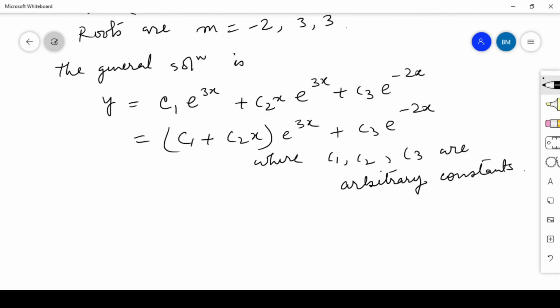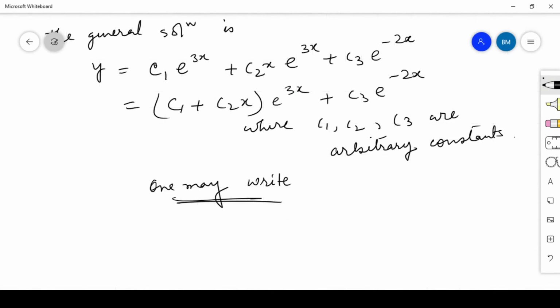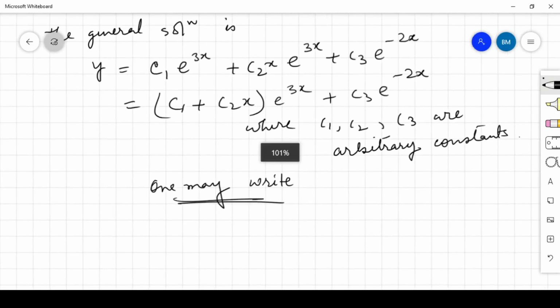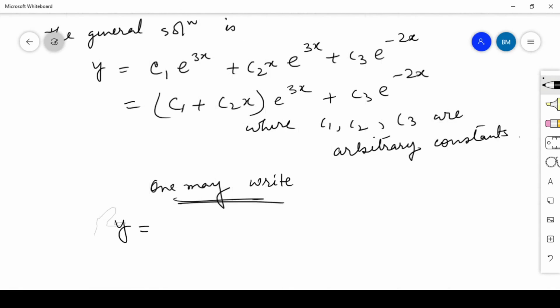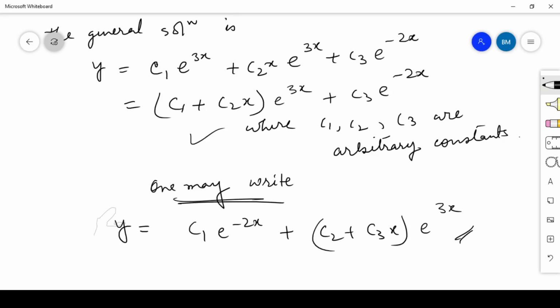One may write the solution in this way, or one may write the solution in this form also: y equal to, say, c1 e to the power minus 2x plus (c2 plus c3x) e to the power 3x. Both are correct. If someone writes this form, then also it is okay.